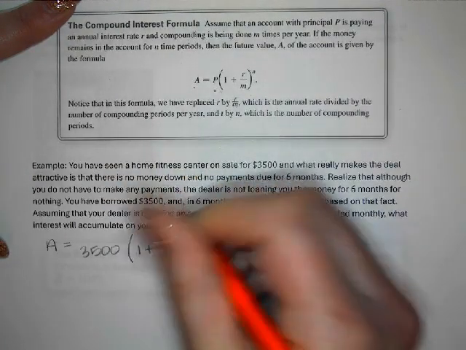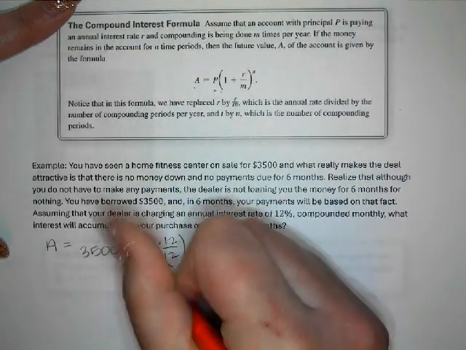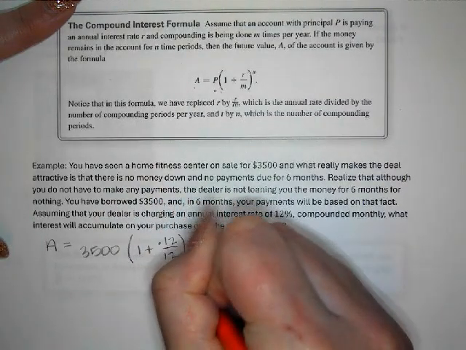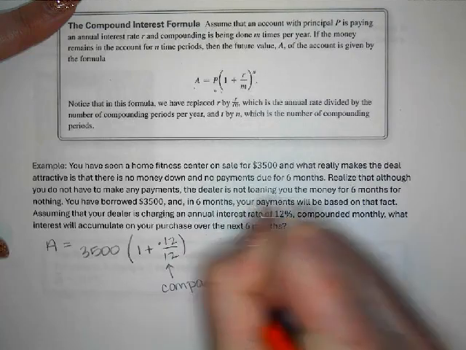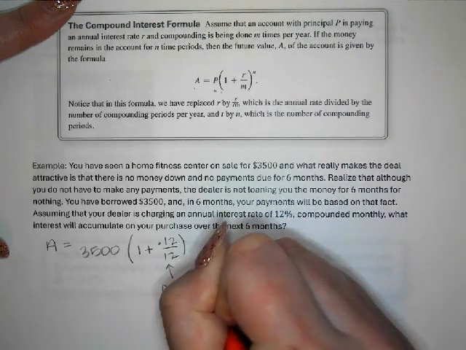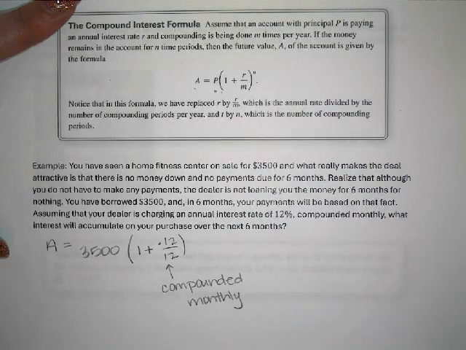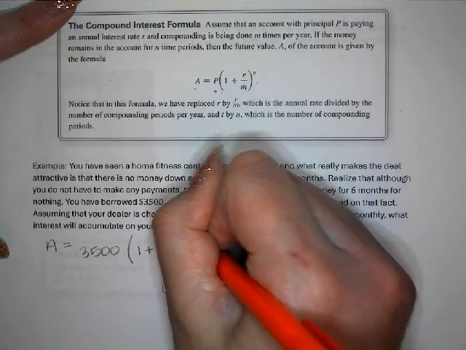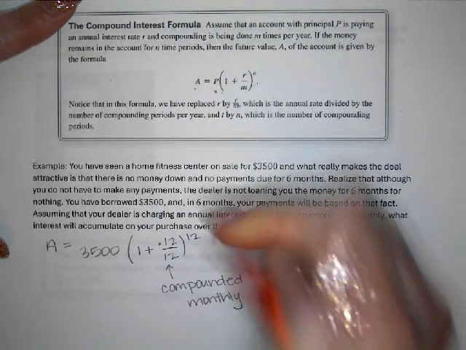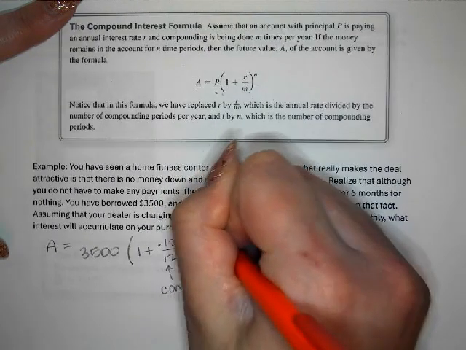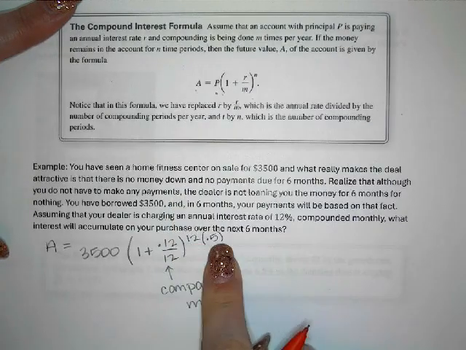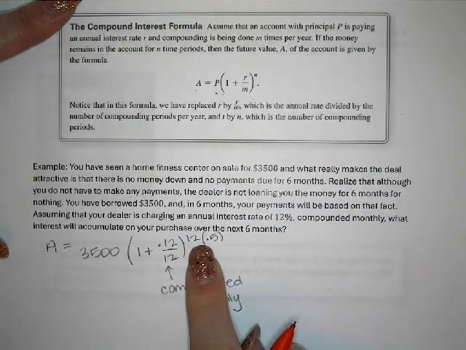This is compounded monthly. And this was for 6 months or half of a year. So we're going to say compounded monthly 12 times for 0.5 years, for half of a year. 12 times 0.5 is 6.